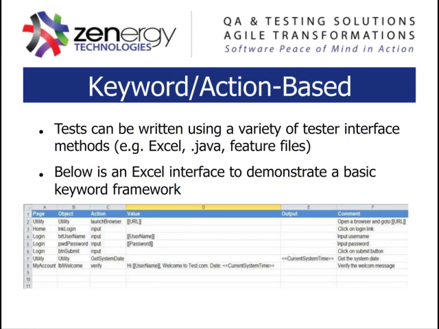So in a keyword action-based approach, you write manual tests very strictly according to the actions that you want to do within each step. And then from there, you create the engine to interpret each line and create the Selenium step during execution for each of the manual steps that you created.